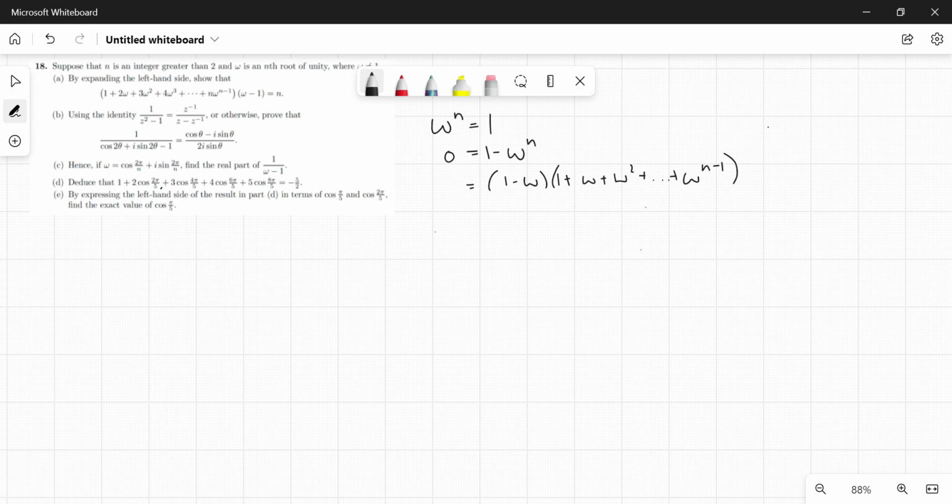So you can see that when we expand that, we're going to get the first term and the last term, and the other in-between terms are going to keep cancelling each other out. So we've got the 1 and we've got the minus W to the power of n, and all the other terms, you just try it out or remember that the other terms will cancel each other out.